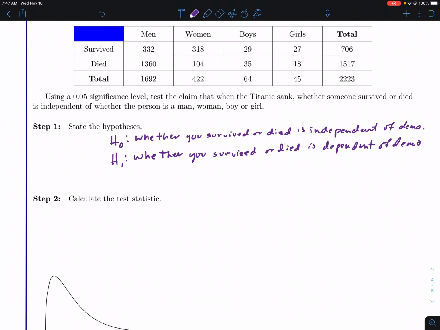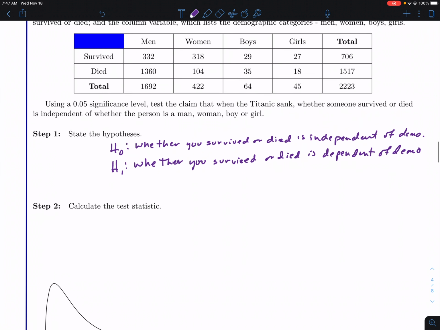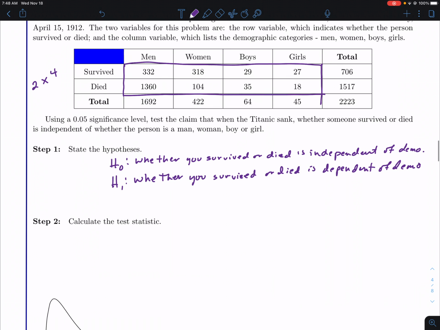All right. So calculate the test statistic. Before you can do anything with the test statistic, we have to come up with the expected matrix. In this case, when you're looking at your matrix, don't count the totals in here. So we're just looking at those. So this is a 2 row by 4 column matrix.